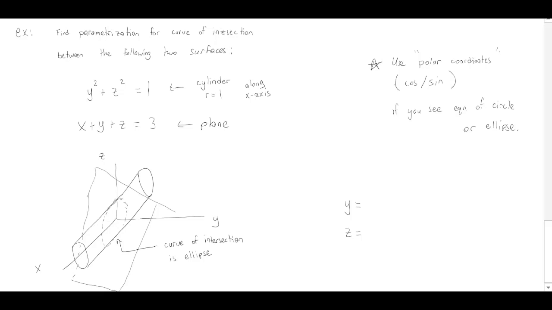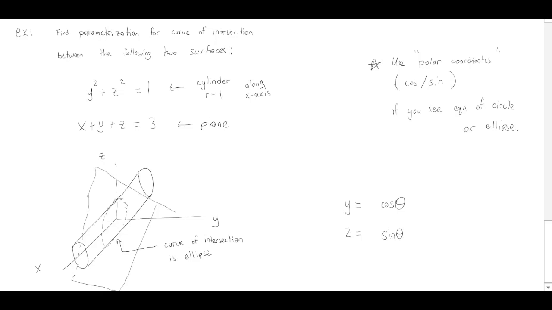The radius is 1, so that's why I'm doing 1 cosine theta, 1 sine theta. Of course, you can just write y equals cosine, z equals sine. So maybe I'll erase the 1s now. These equations take care of the first equation, y squared plus z squared equal to 1, okay?